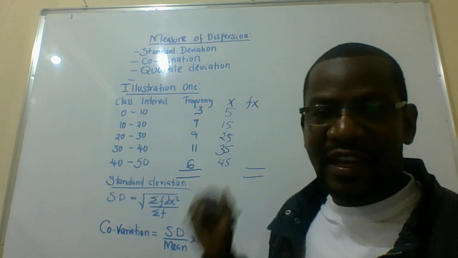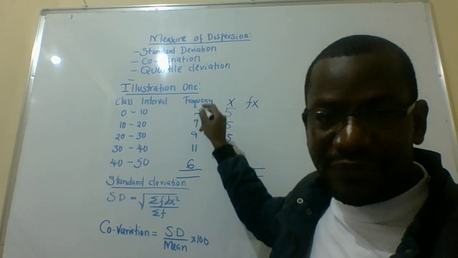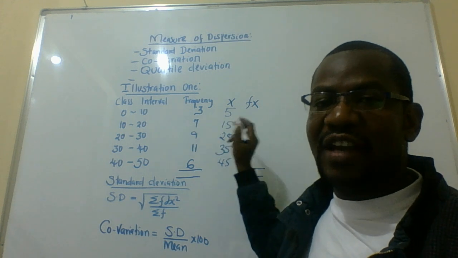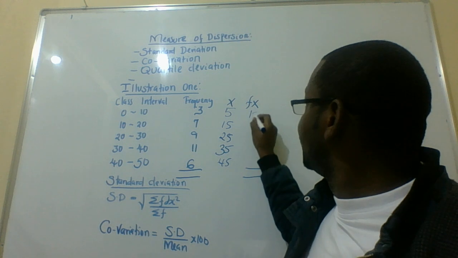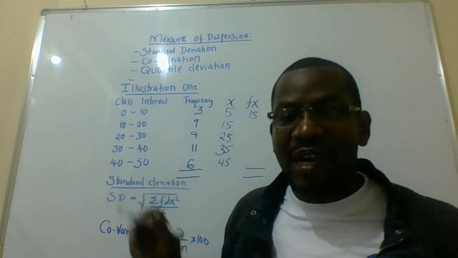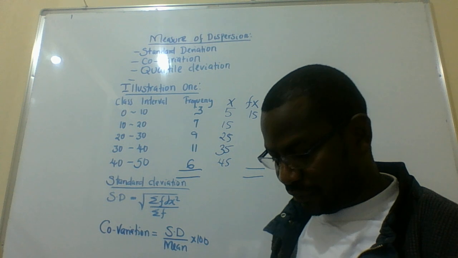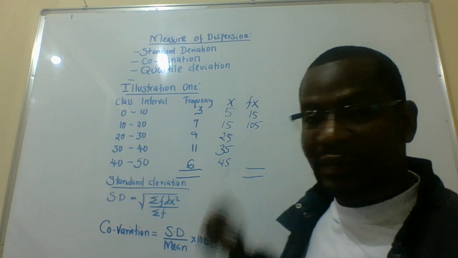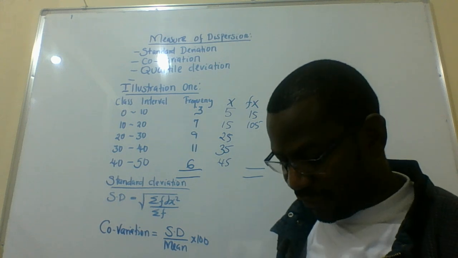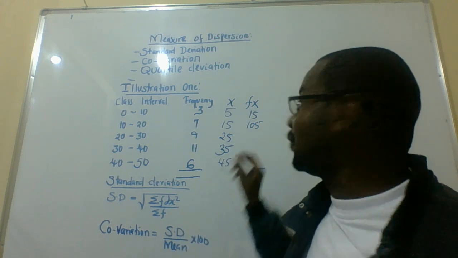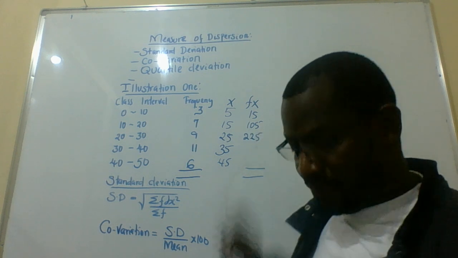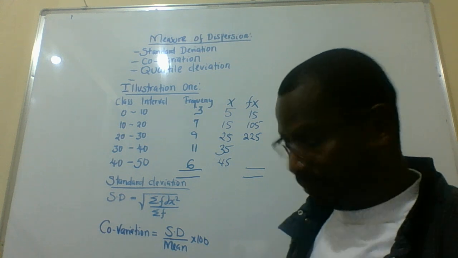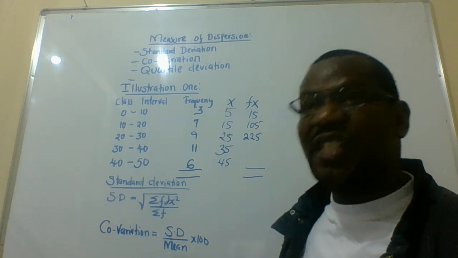So multiply fx. This is our f. We shall need to multiply with the x. So 3 by 5, which is 15. 7 by 15, which is 105. 9 by 25, 225. 11 by 35, which is 385.